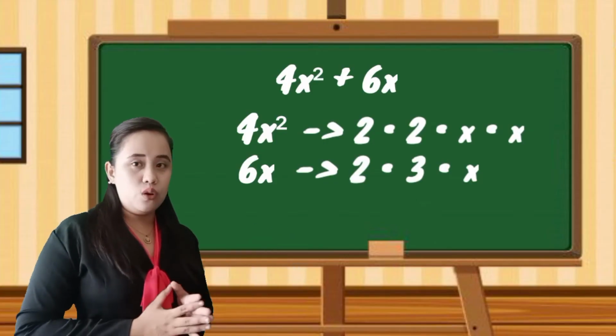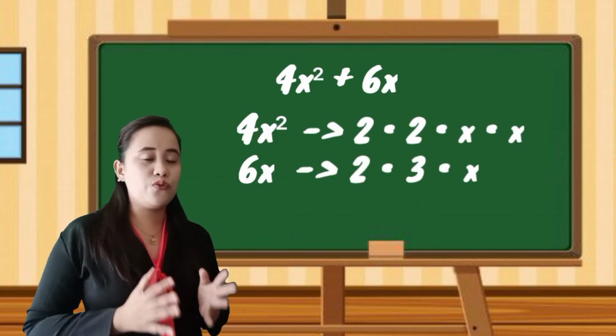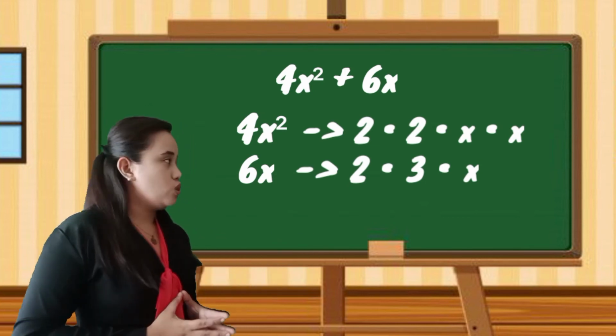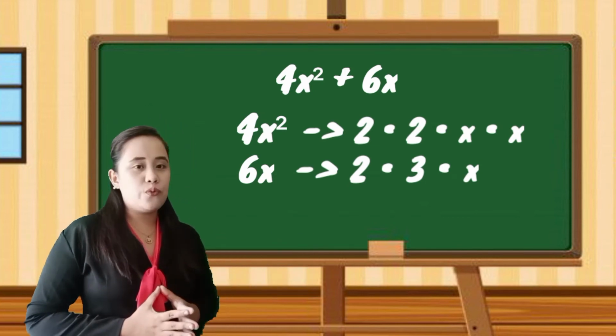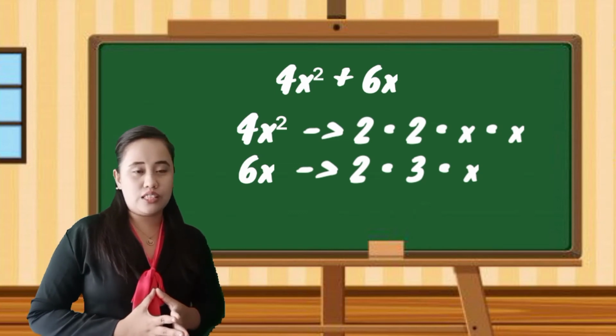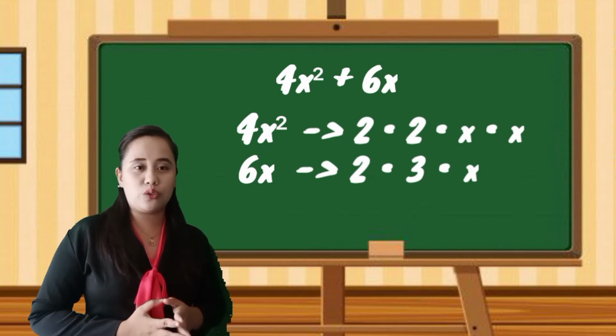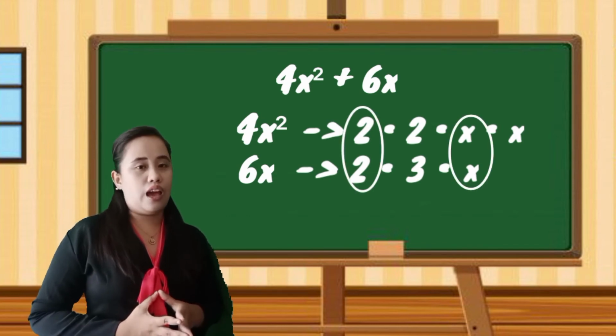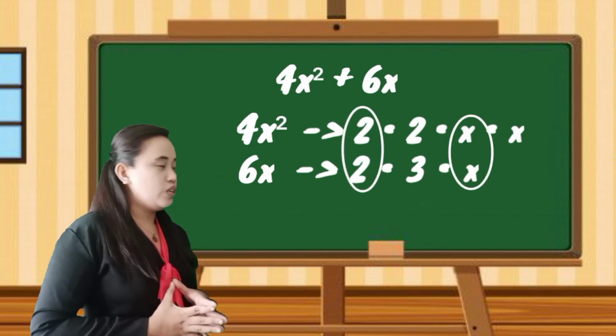Step number 2 is to find the common factors of the two terms. So in this example, we have 4x squared and 6x. What are the common factors of the two? So we have 2 and x. Okay? Step 3.